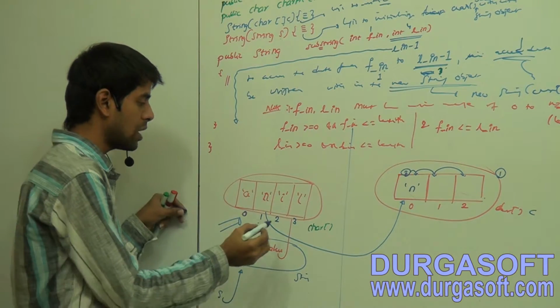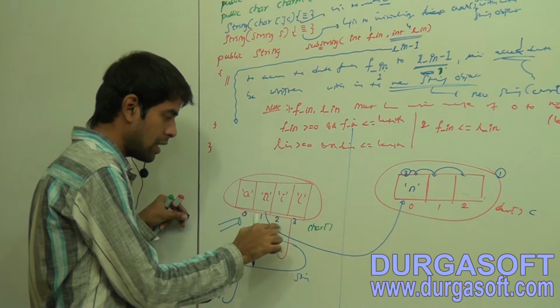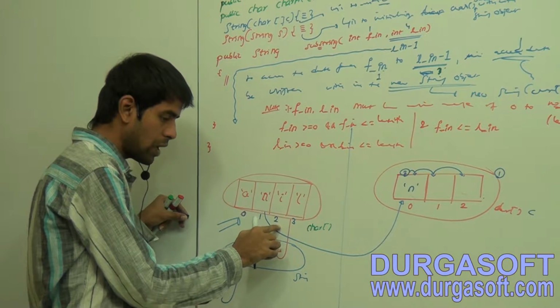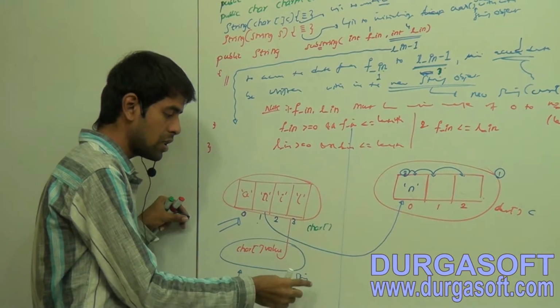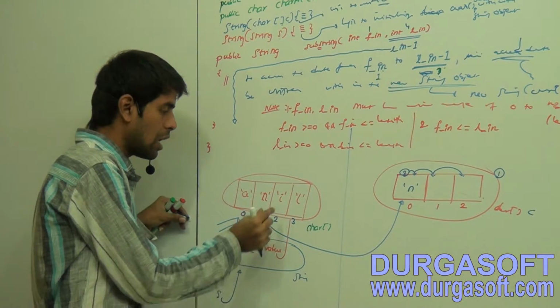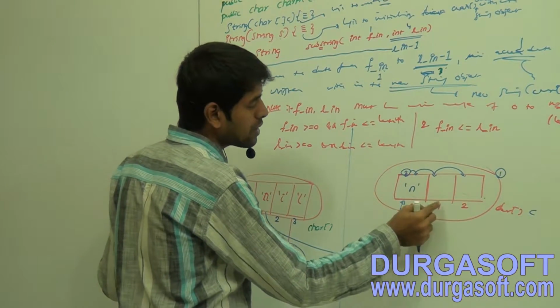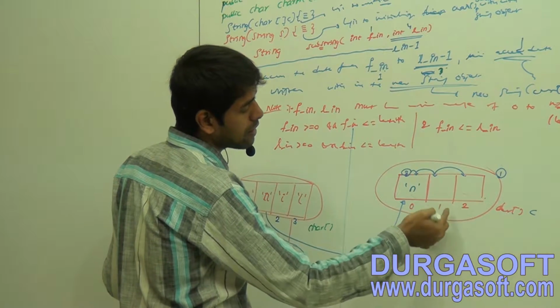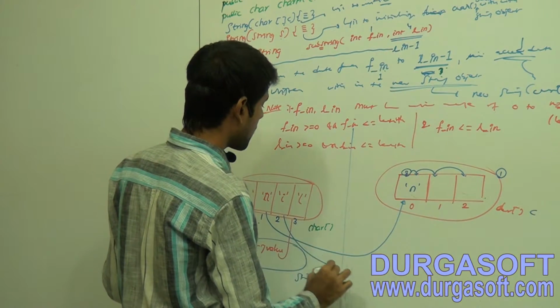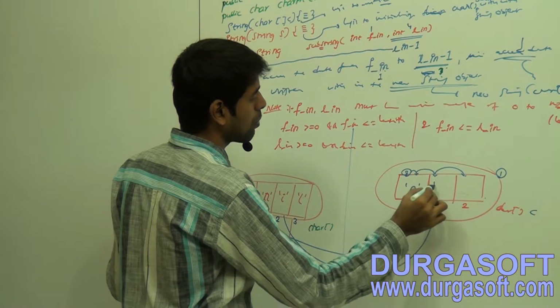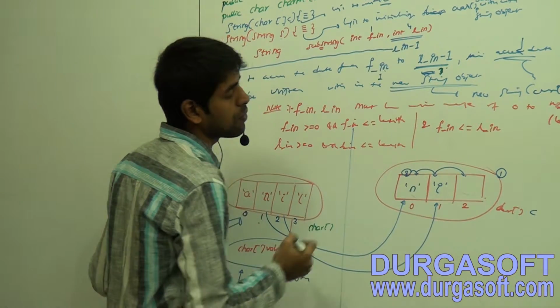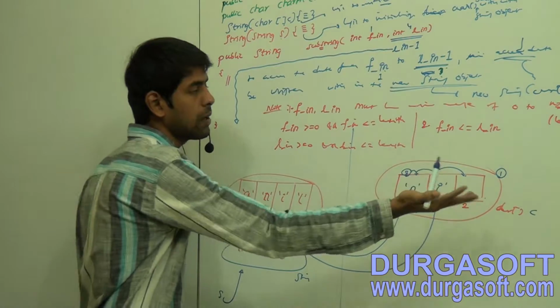Now perform the same thing. Take the 2 index character of this string object and put that into the next index of the char array, that is 1. Take this I and copy to this 1 index of the char array.